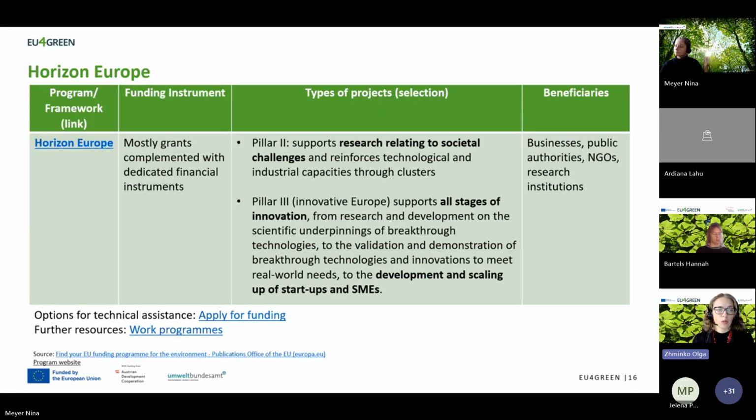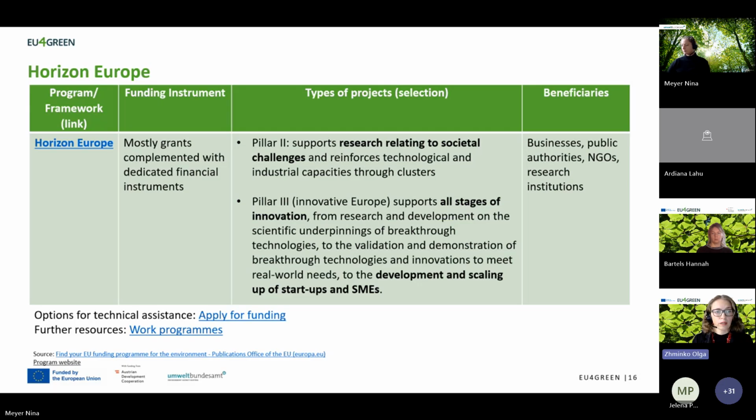And as we know, circular economy depends a lot on innovative solutions which need to be tested and then scaled up. So Horizon can be used for support from research and development on the scientific underpinnings of breakthrough technologies, validation and demonstration, and then development and scaling up of startups.